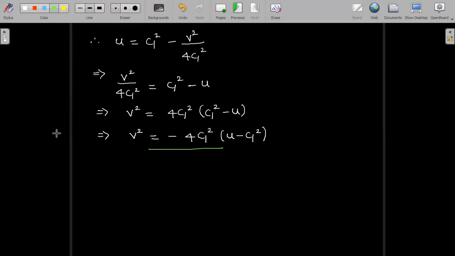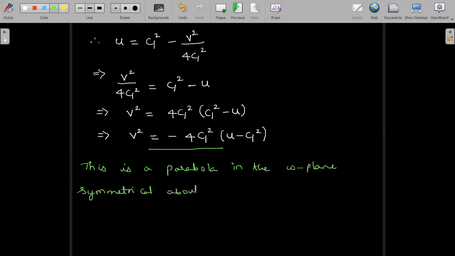So we'll just conclude the same thing. This is a parabola in the w plane, symmetrical about the real axis.